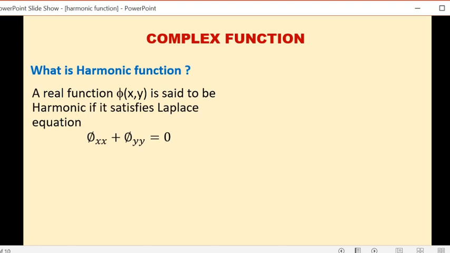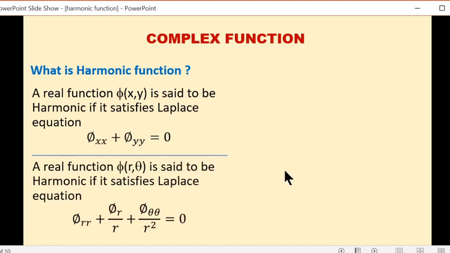Amit, there is a mistake in your last term. Phi rr plus phi r upon r plus phi theta theta upon r square. Very good. Okay, upon r square was left out. So that is the Laplace equation in the polar form.